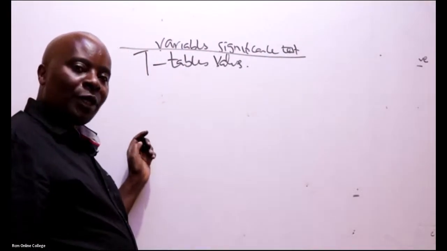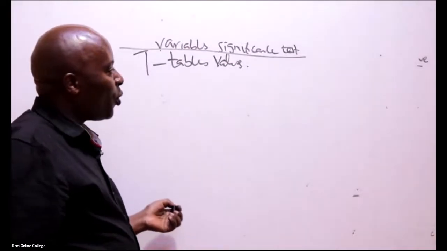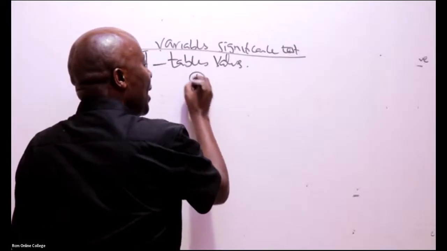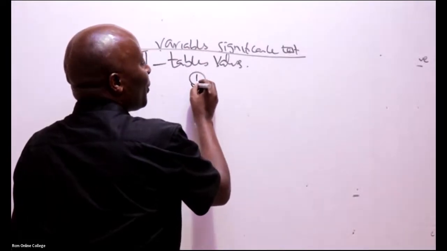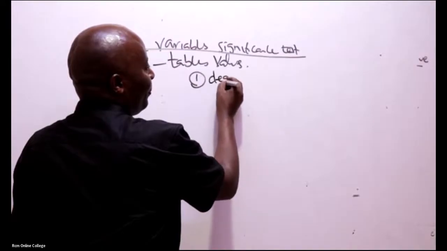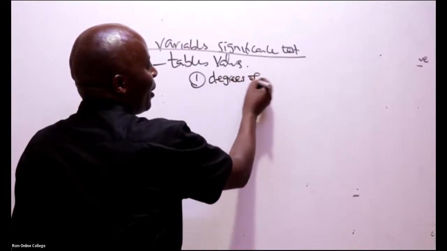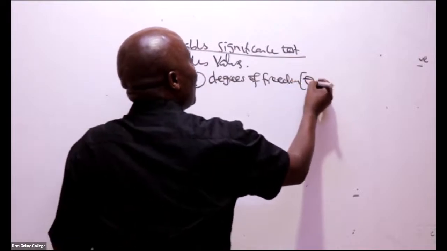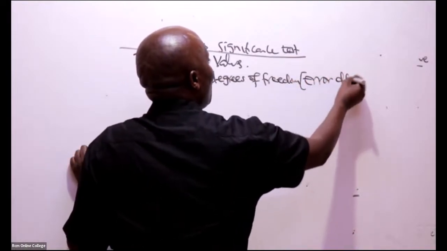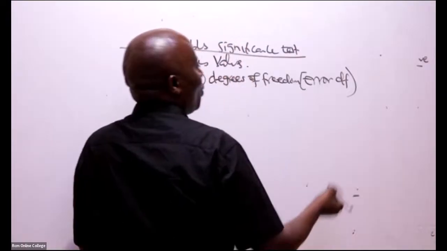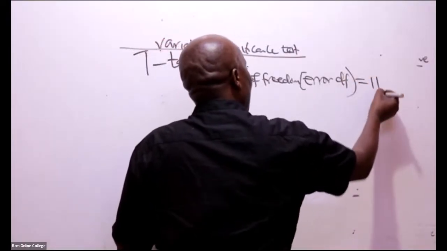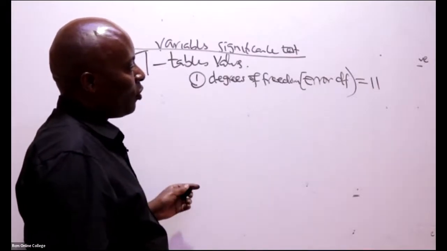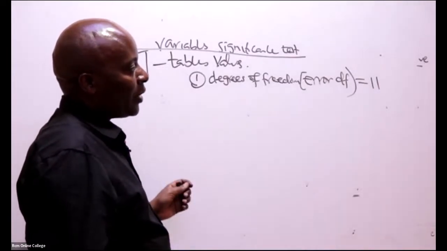For us to be able to read this T tables value, we need, number one, degrees of freedom. These will always be the error degrees of freedom, which you had given to me as 11.